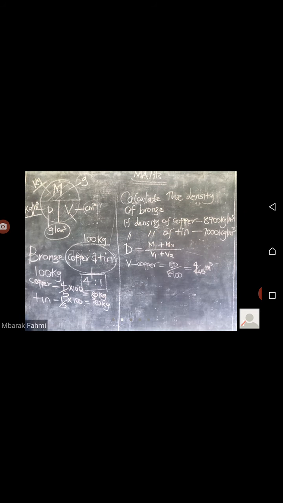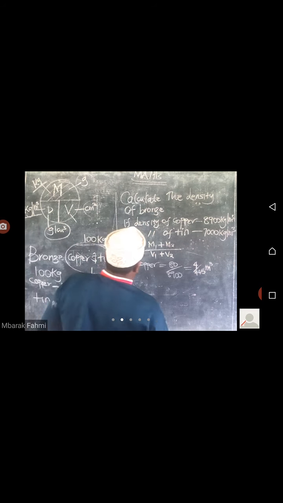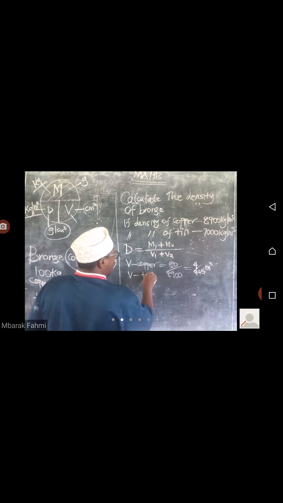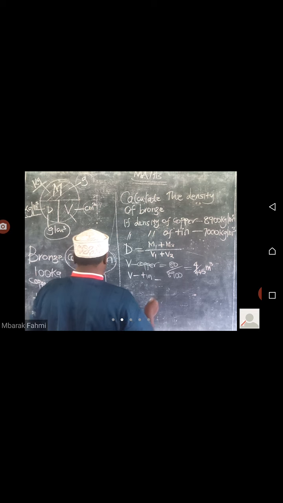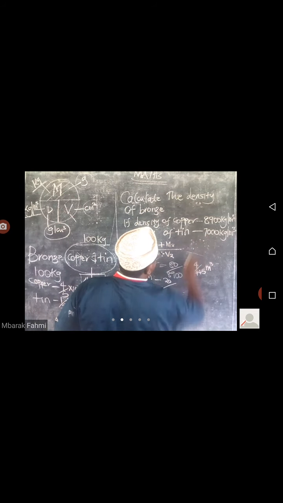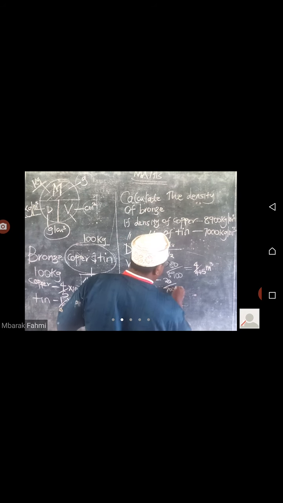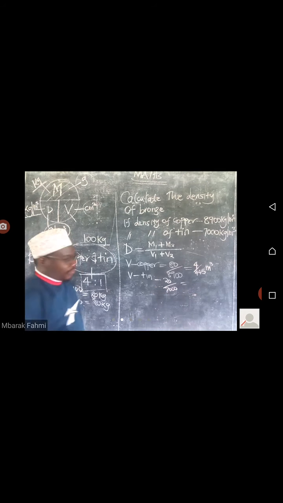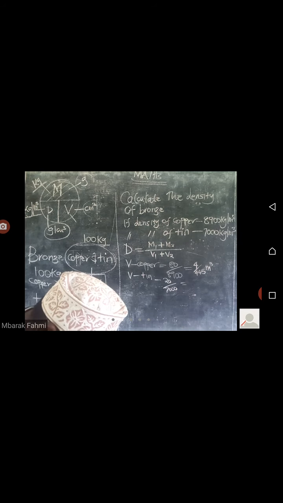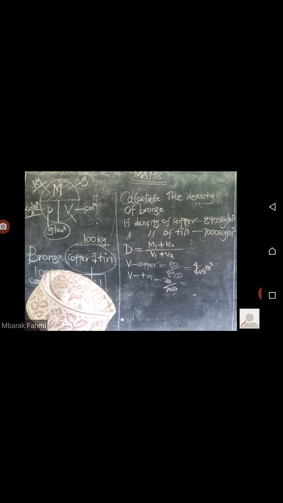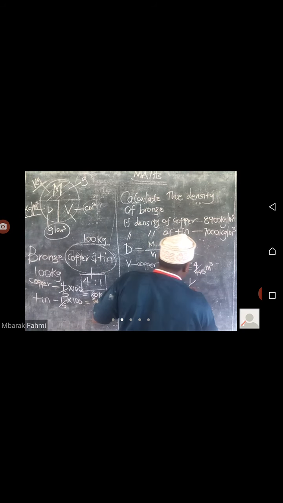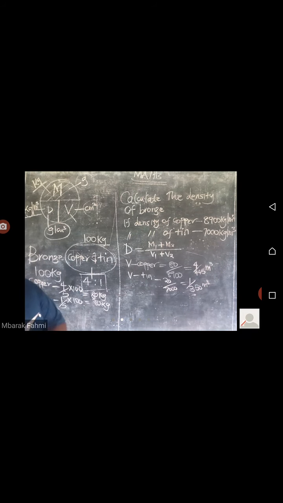And then the volume of tin. The volume of tin will be the mass, 20, divided by the density of tin, 7,000. That is going to give us 1 over 350 cubic meters. So we have the two volumes and we have the two masses.